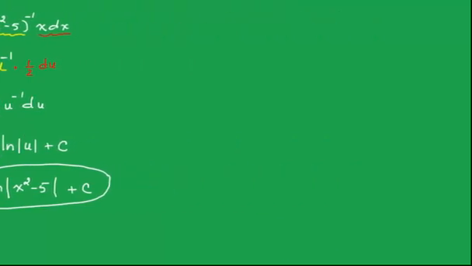Now let's go over another example. Let's say, for example, that we want to determine an antiderivative of e to the 4x over 7 plus e to the 4x dx.